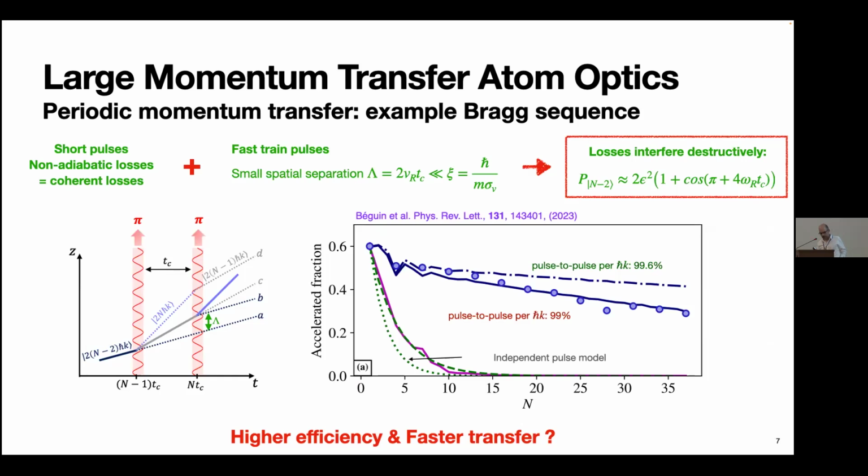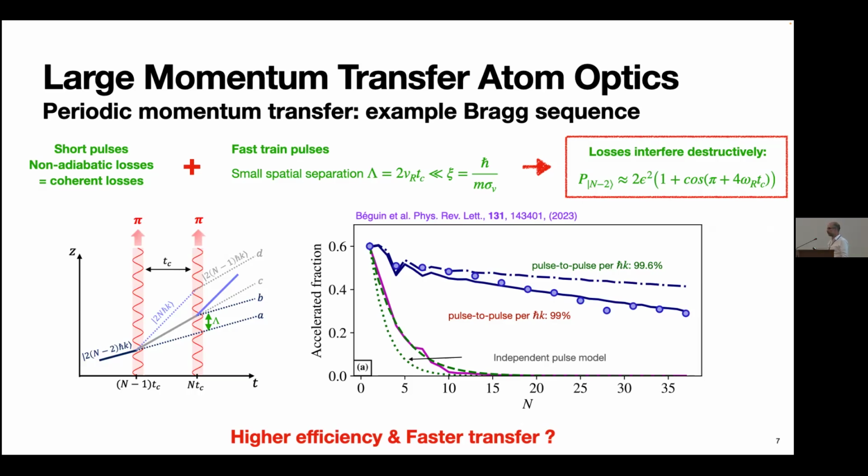If you now use a vanishing time in between each pulse, you can have a separation between the different paths of the losses which is smaller than the coherence length of your wave packets.